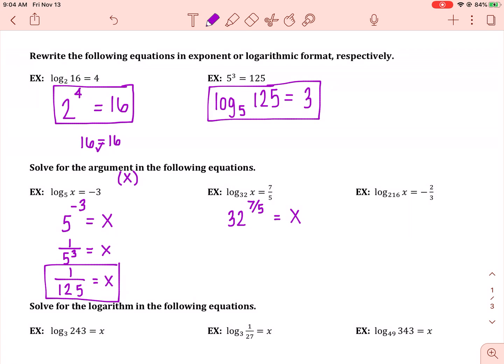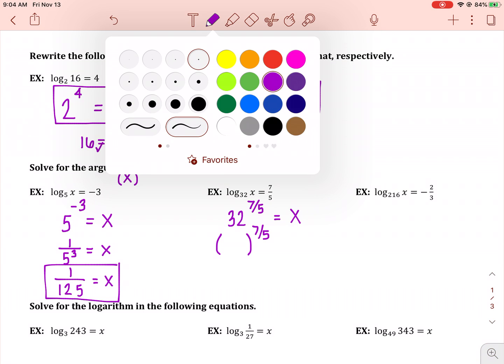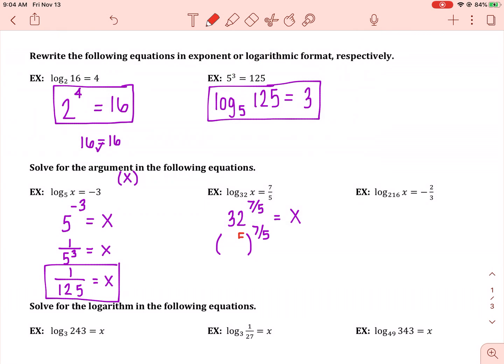What we're going to do is try to rewrite 32, and notice how I write this, to be raised to a power of 5. Now, the reason I chose 5 is because when you do a power to a power, you multiply. So the 5 and the 5 in that denominator of the power will cancel.